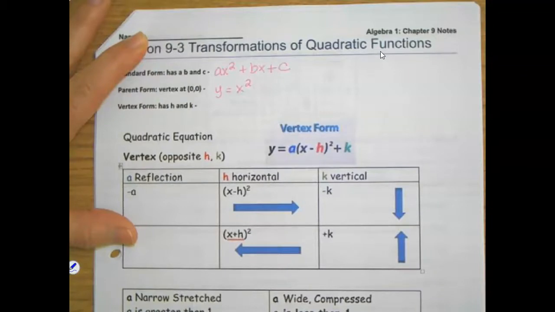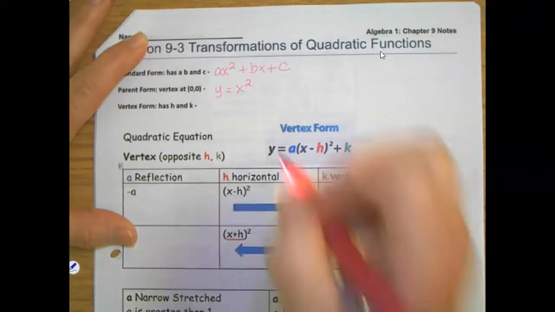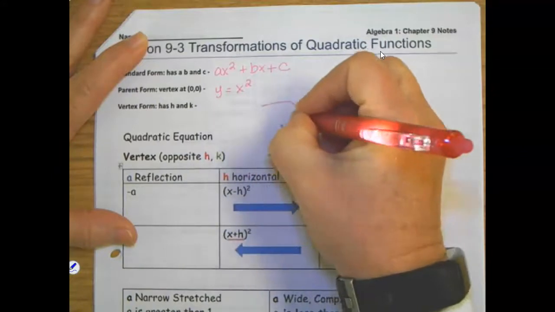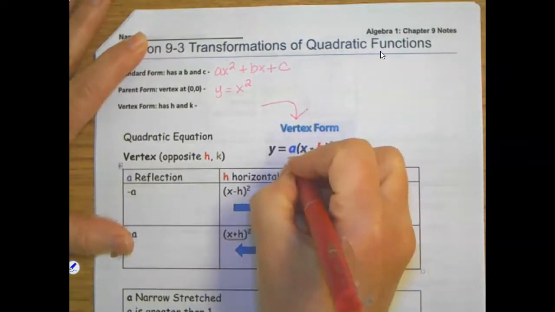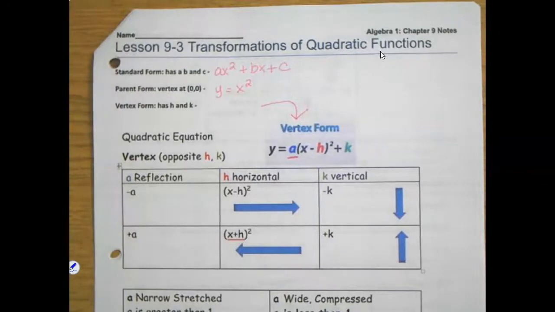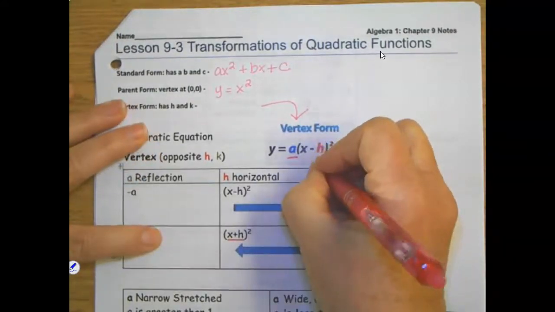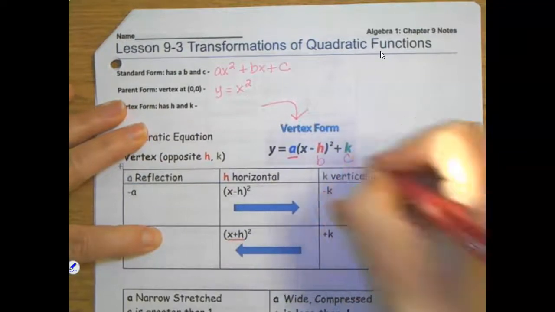They have what's called vertex form, and that's here. A couple of things you need to know. Our A is our A. Our B is basically your H. And our C is always that constant.